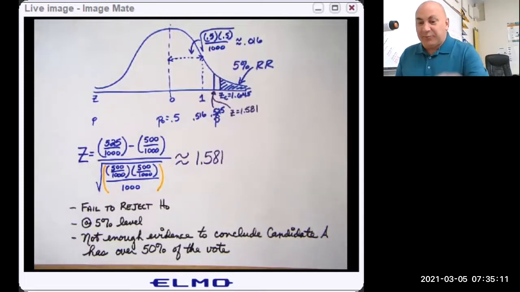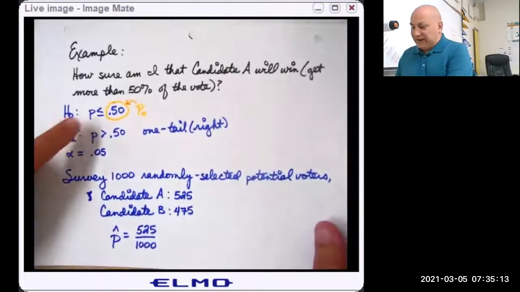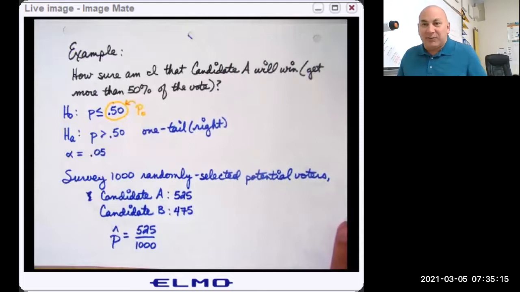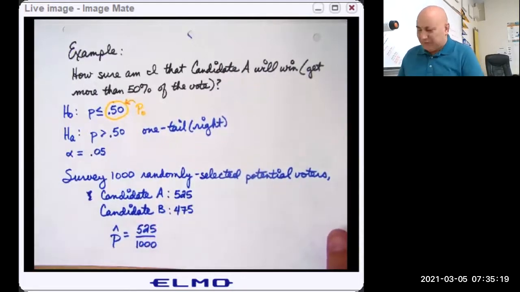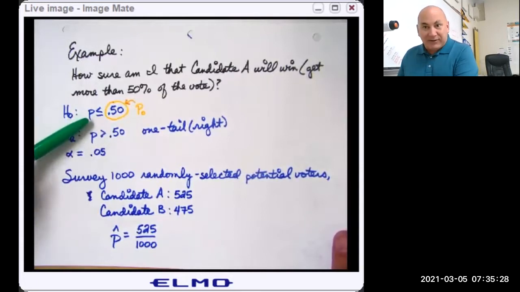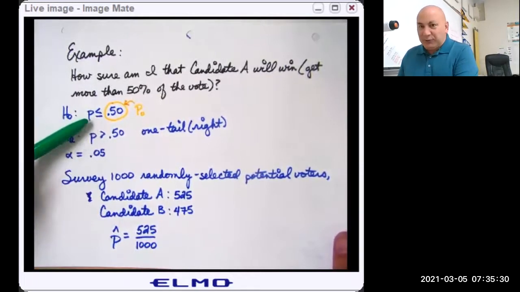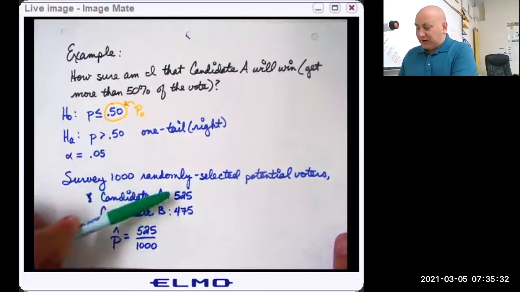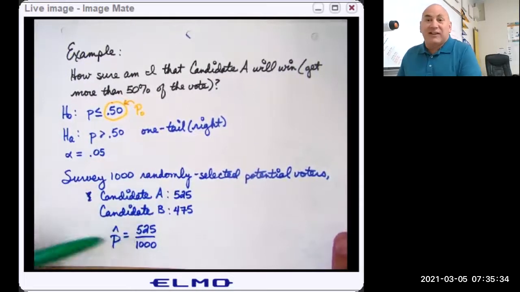Does that mean that we've proven that candidate A's support is less than 50%? I don't know how we could prove that when our sample was 525 out of 1,000. It's just that we failed to reject it. So we're going to conclude that this is true pending further evidence, but we certainly didn't prove this is true. In fact, our little evidence suggests that candidate A has over 50%.